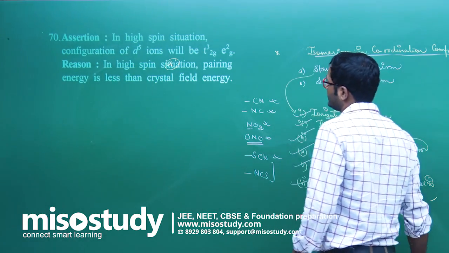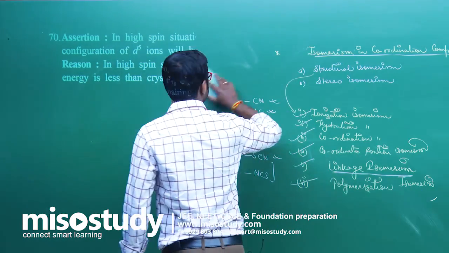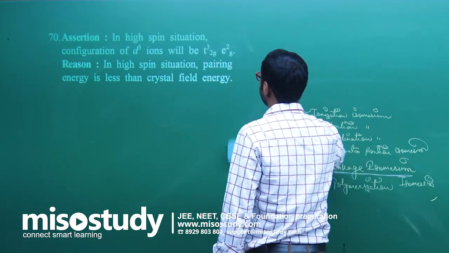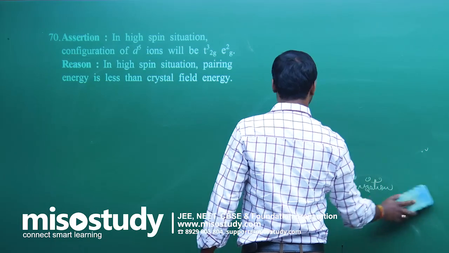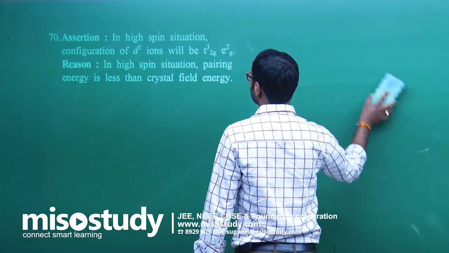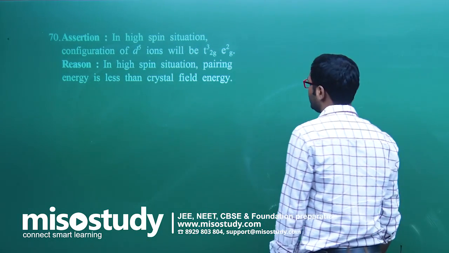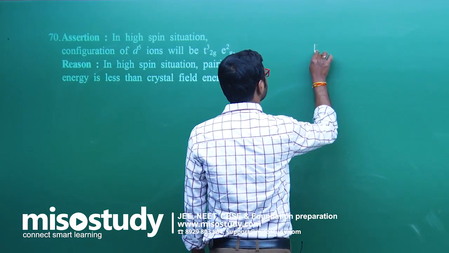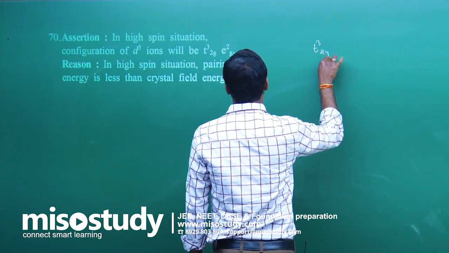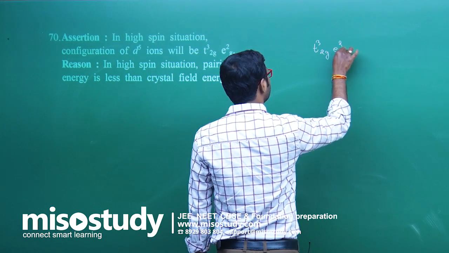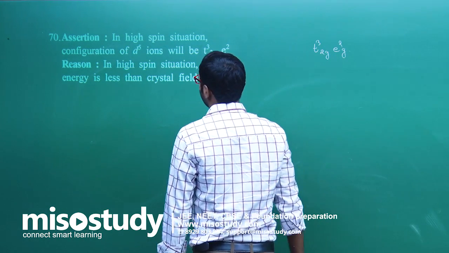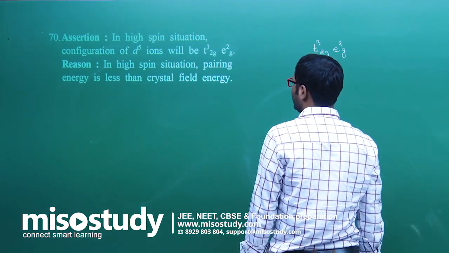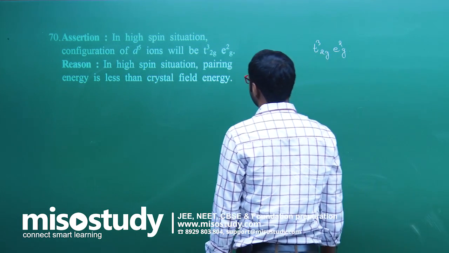The next question is, in high spin complex, the configuration of d5 ion will be t2g3 and eg2. Okay, in high spin situation pairing energy is less than the crystal field energy.